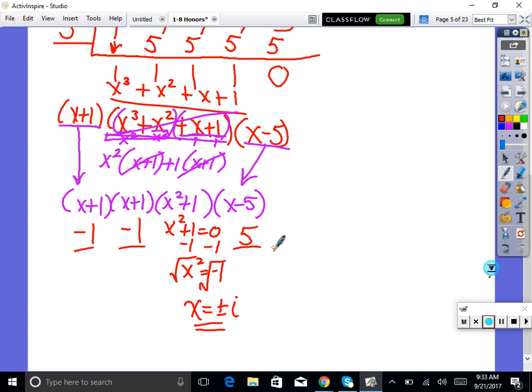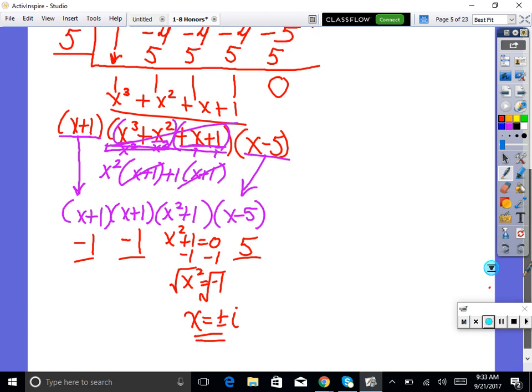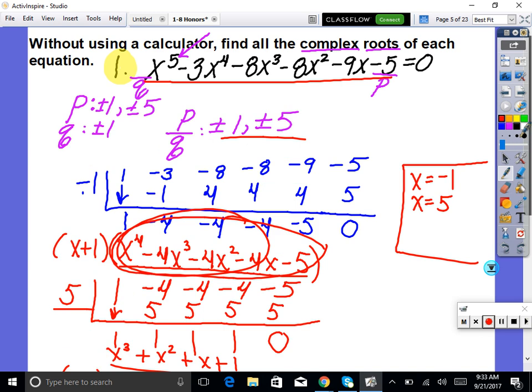So do you see how I divided it twice? And that made it something that we could then factor by grouping. So, all good? So we got x equal to negative 1 with a multiplicity of 2. X equals 5, and x is equal to i, and x is equal to negative i. And now I know I have all my solutions. You should always check. Degree 5, 5 solutions, I'm good.